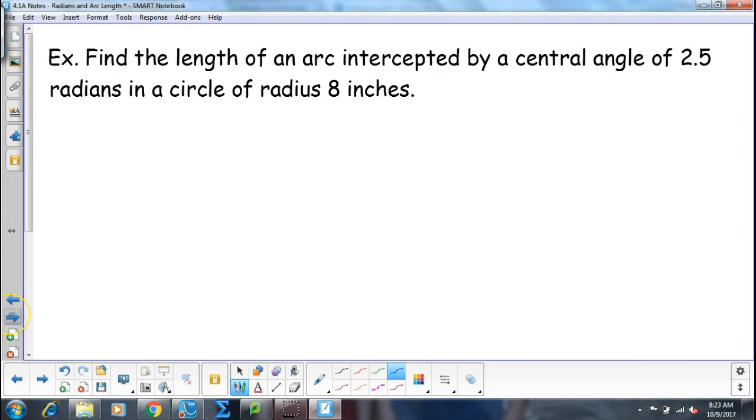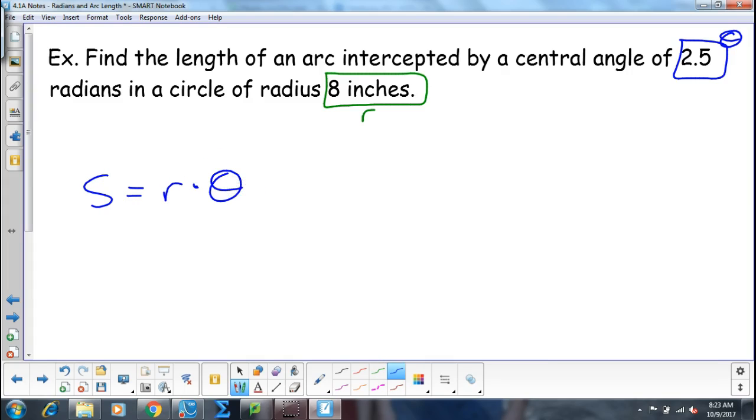S equals R times theta, because I have my theta, and I have my radius, and I need to find S. So S is going to equal R times theta, so that's going to be 8 times 2.5.